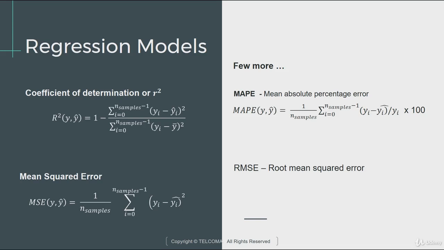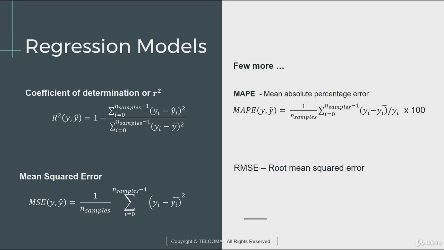So it's nothing but the absolute difference between the actual and the predicted, divided by the actual value, times 100. So you're getting a percentage-based error. Let's say you have a value like 0.15, which means 15% error. Now you can use this number, 15%, directly on the scale of y.